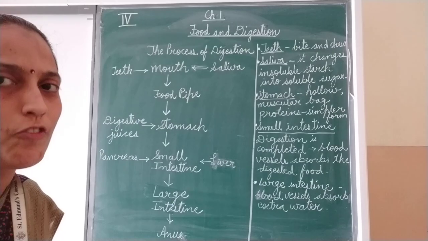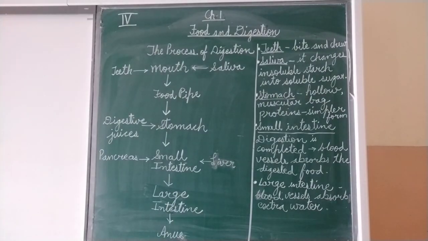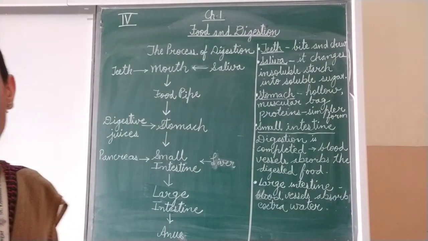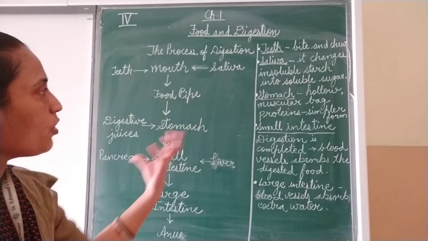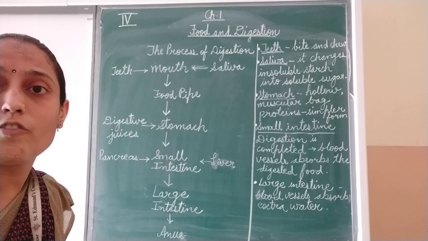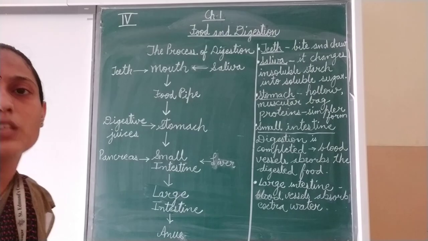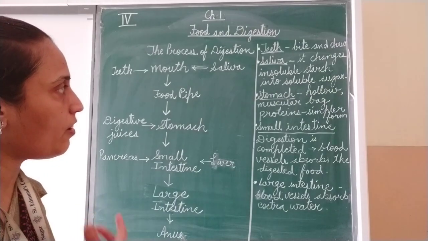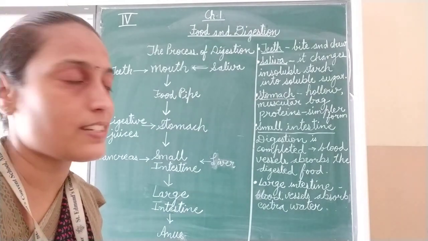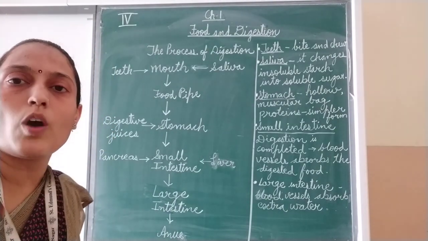What happens to our food? Our process of digestion begins from the moment we put our food into the mouth. Our teeth help to bite and chew the food and help it break down into simpler pieces. And when we are chewing the food, the saliva from the salivary glands gets mixed into our food.